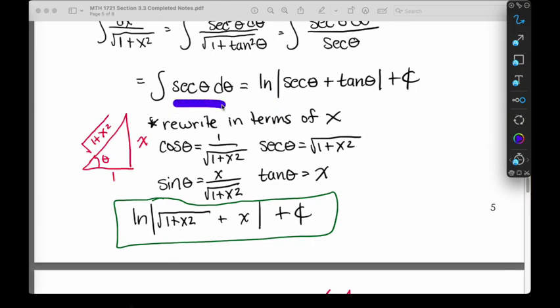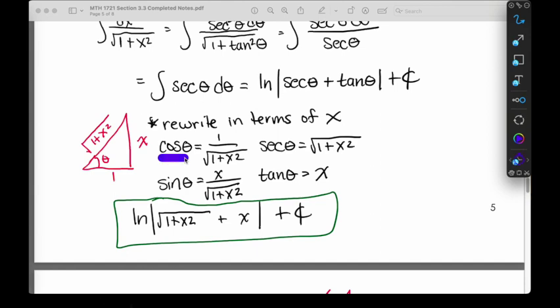So when we integrate secant theta d theta, I have the natural log of secant plus tangent, plus a constant, and then I have to rewrite this in terms of x. So looking back at our triangle, here was our triangle from above. We know that secant is the reciprocal of cosine.